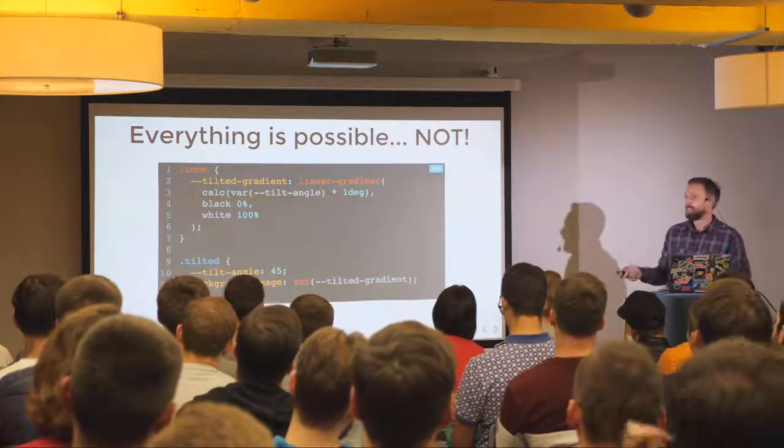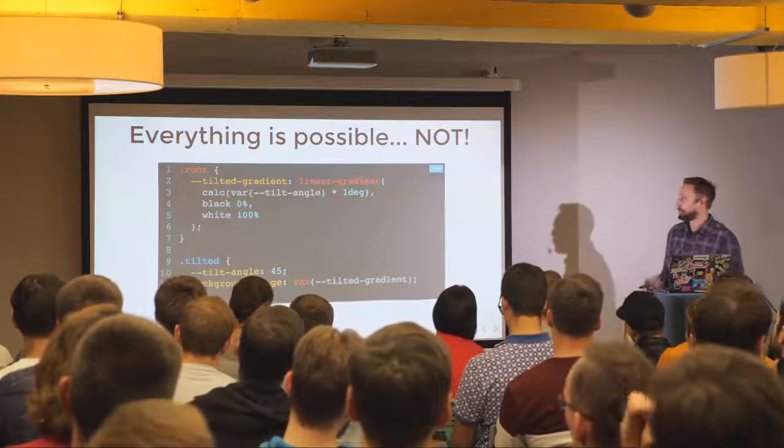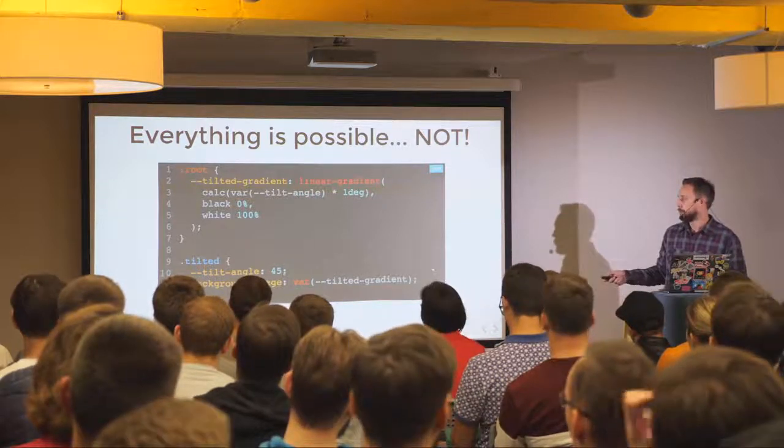Unfortunately, this does not work like this because, first of all, it's CSS, right? We have cascade, we have scoping for custom properties, but like in JavaScript, you do not see local variables from the top, right?